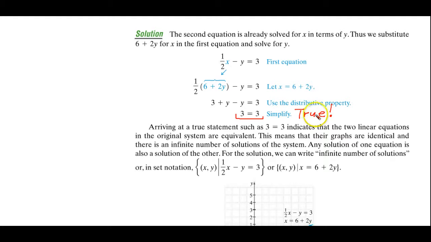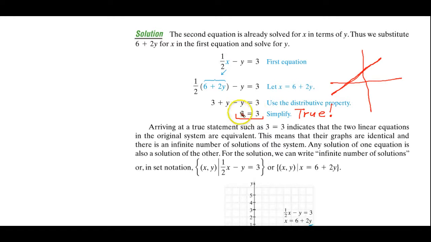Yes, it's true. Now, when we are solving by substitution and other methods, if we end up as we do here with a true statement, this is telling us that our equations are the same line.